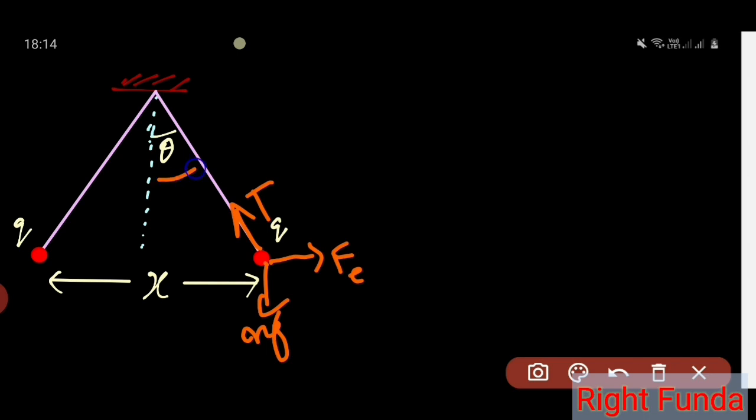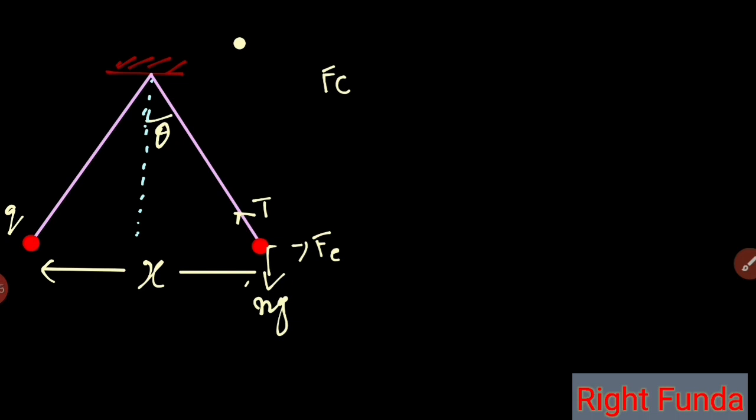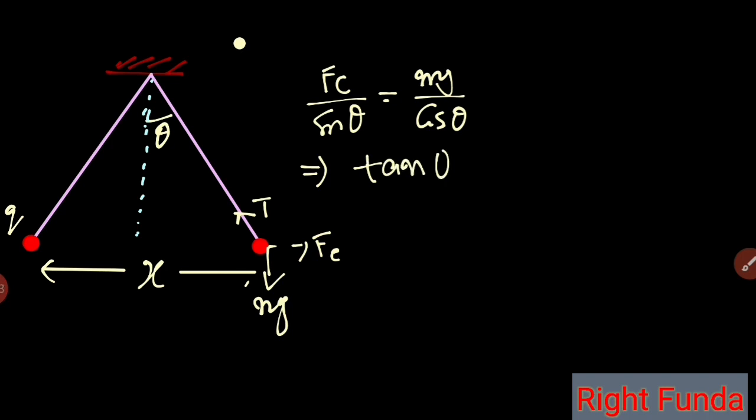We can apply Lami's theorem, and we can write Fe by sine of this angle is equal to mg by sine of this angle, and we can obtain the equation Fe by sine theta is equal to mg by cos theta, and we can get from this tan theta is equal to Fe by mg.